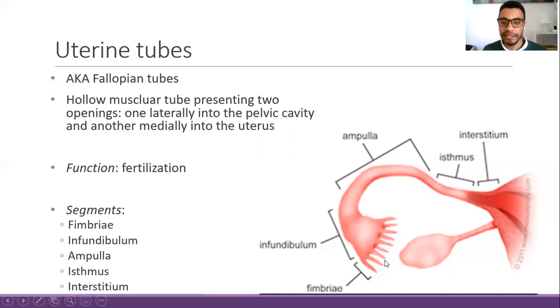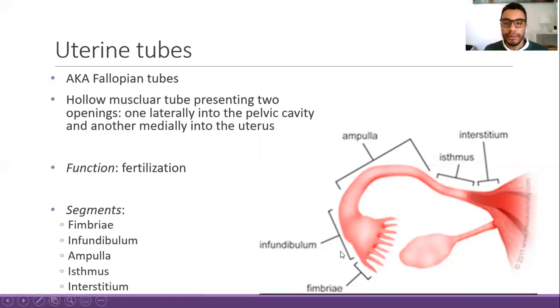When they swell, they grow in size and almost touch the ovaries. They get really close to the ovary, and then it catches the released follicle. The released follicle is caught by the fimbria, and then it travels along the uterine tube.